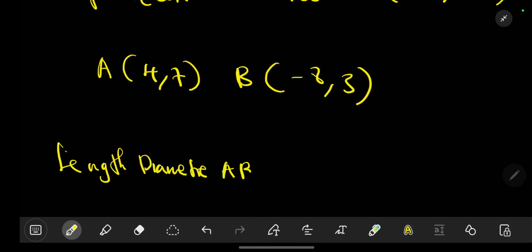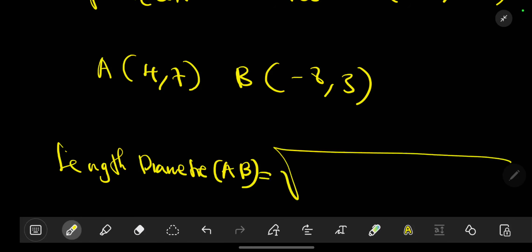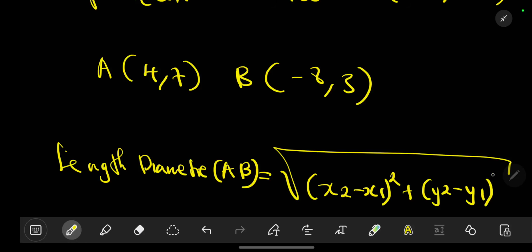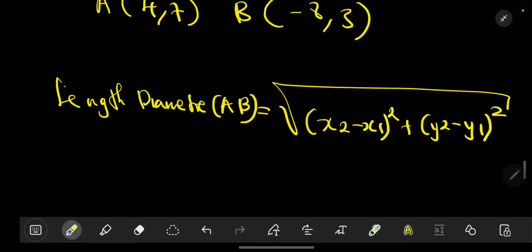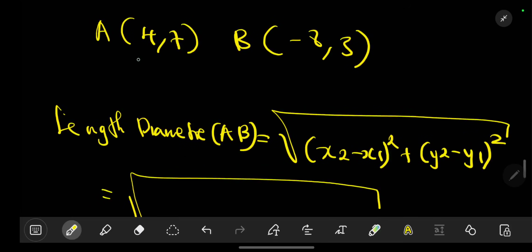which is our AB, should be equal to the square root of (x2 minus x1) squared, sorry. Even if you interchange them, the answer will be the same, plus (y2 minus y1) squared. So same approach, we have our x1, y1, x2, y2.